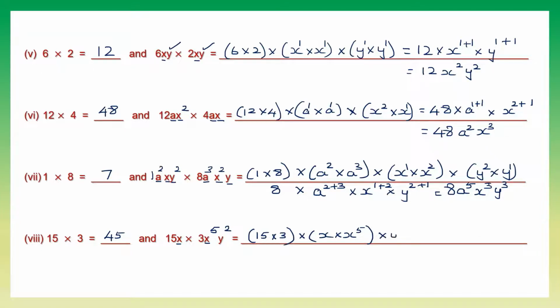So now what do we have? 15 3s are 45 into x to the power of 1 plus 5 into y squared. So what's our answer? 45 into x to the power of 6 and y to the power of 2. So 45 x to the power of 6 and y to the power of 2.